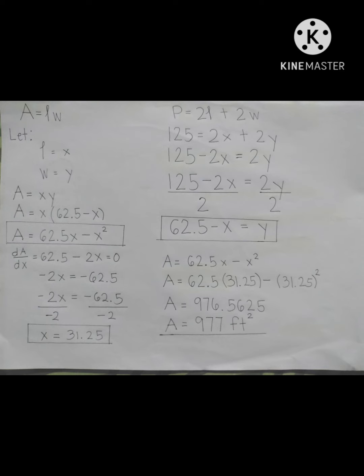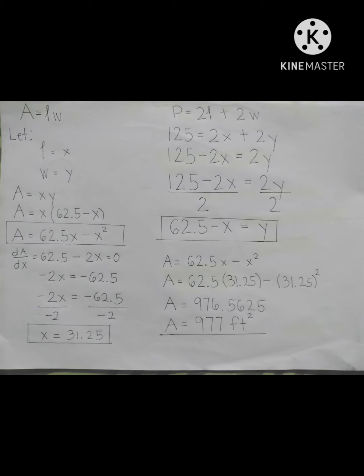The next thing is to equate it to 0 so that we can get the value of x. We subtract 62.5 from both sides so that we have negative 2x is equal to negative 62.5. Let's divide both sides by negative 2 to get the value of x. So now we have x equals 31.25.